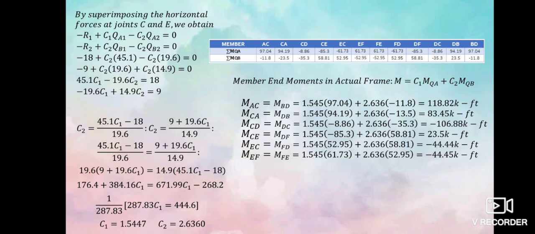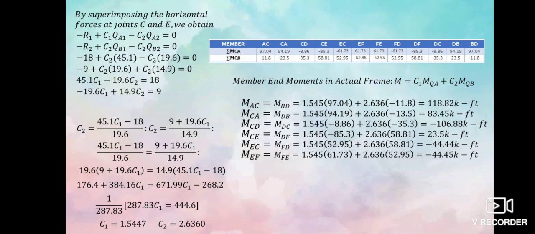We have the members AC, CD, CE, EC, EF, FE, FD, DF, DC, DB, and BD. We have the summation of moments for QA and also for QB. For the members and moments in the actual frame, M equals C1 MQA plus C2 MQB. Simply substitute C1 and C2 and the moments of the said members for MQA and MQB.